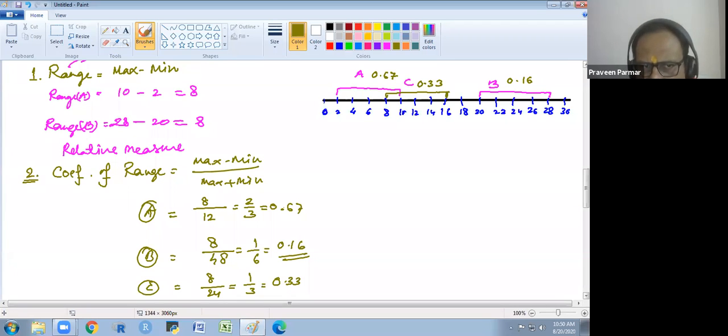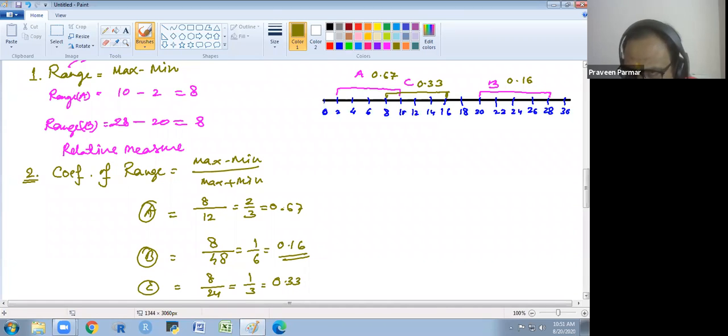So if instead of range, I tell you the coefficient of these two data sets, 0.67 and 0.16 for A and B, now you could say something. The range is the same, 8 and 8, but the coefficients are different.